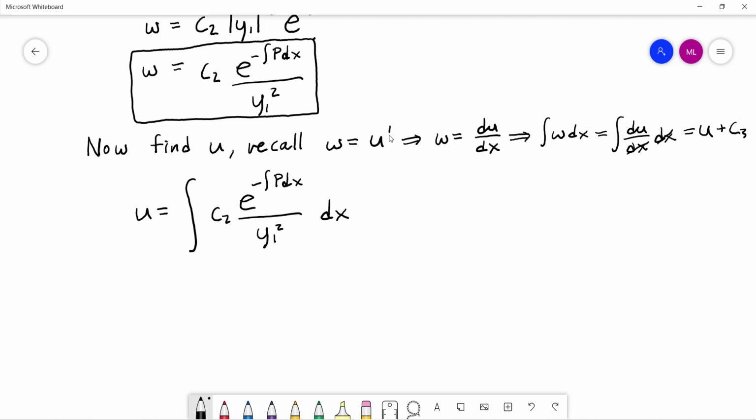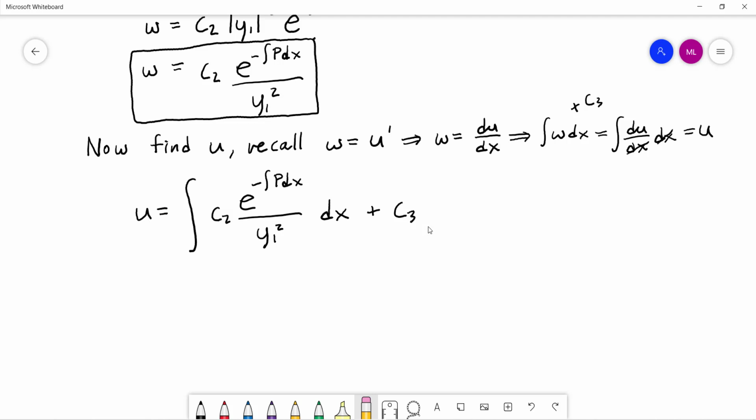Integrate that whole thing with respect to x, and then add some new constant C3. Let's say the C3 was already going to be on the left-hand side instead of the right-hand side anyways, just to make life a little easier. Okay, so there is now my expression for what u looks like.